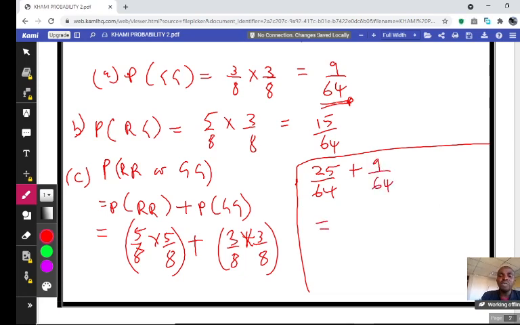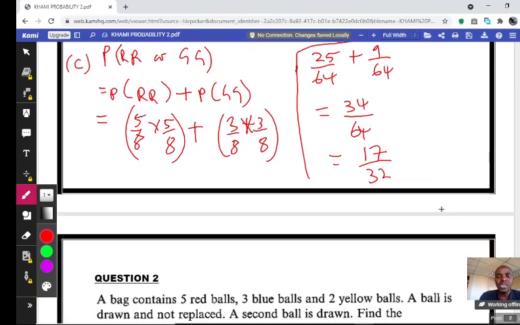Then the final answer, you just add these values on top, it will be 34 over 64. Then from that one, you have to simplify the answer. Please leave your answer as simplified as possible, because if it's like this, it's not simplified, so it's actually wrong. So simplify this by 2, you get 17 over 32. So that will be the final answer based on this one.